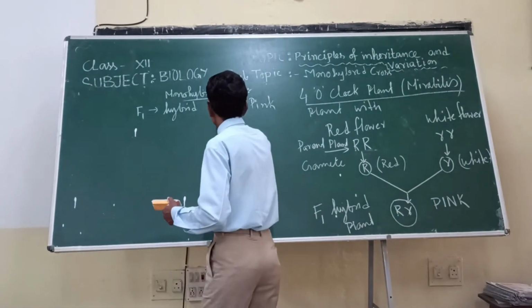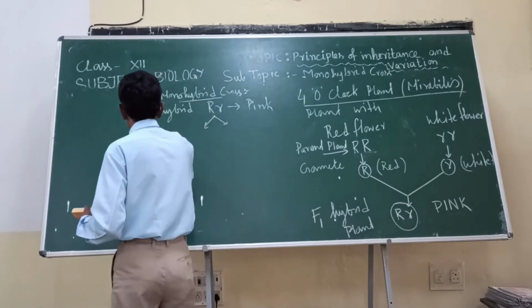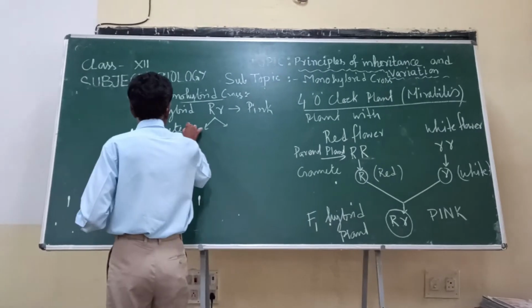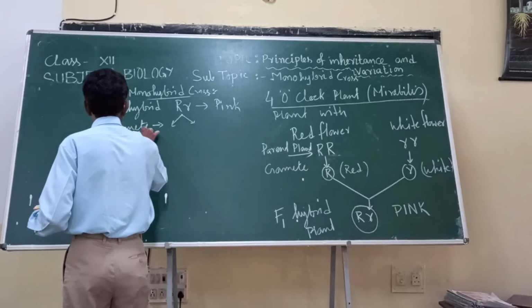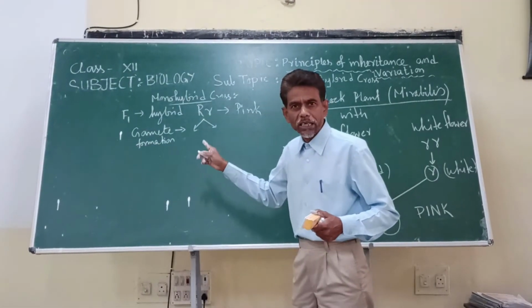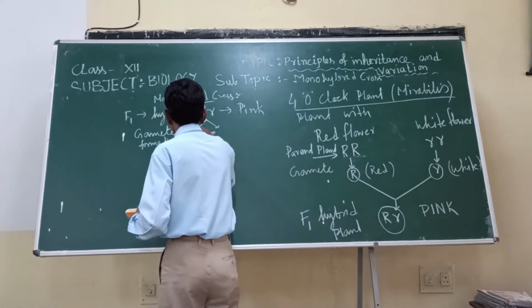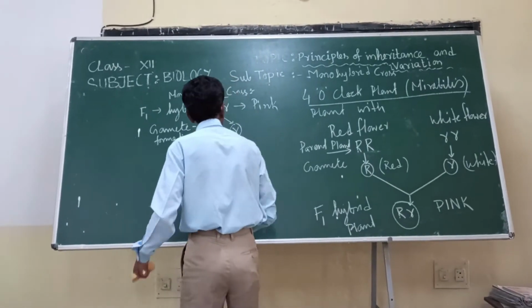When this pink F1 hybrid undergoes gamete formation, the same Mendelian law of segregation applies here. So capital R goes to one gamete, small r goes to another gamete.